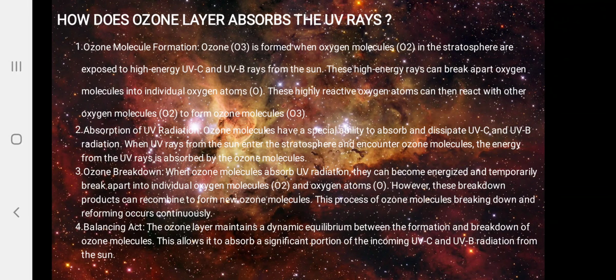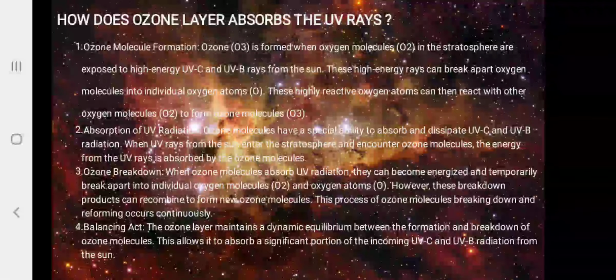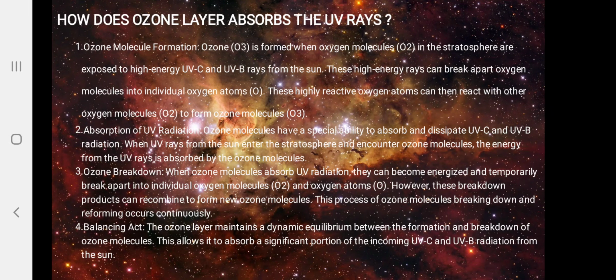The energy from the UV rays is absorbed by the ozone molecule, and they break down these molecules, and only the safe rays from the sun are allowed by this ozone layer to enter the earth.